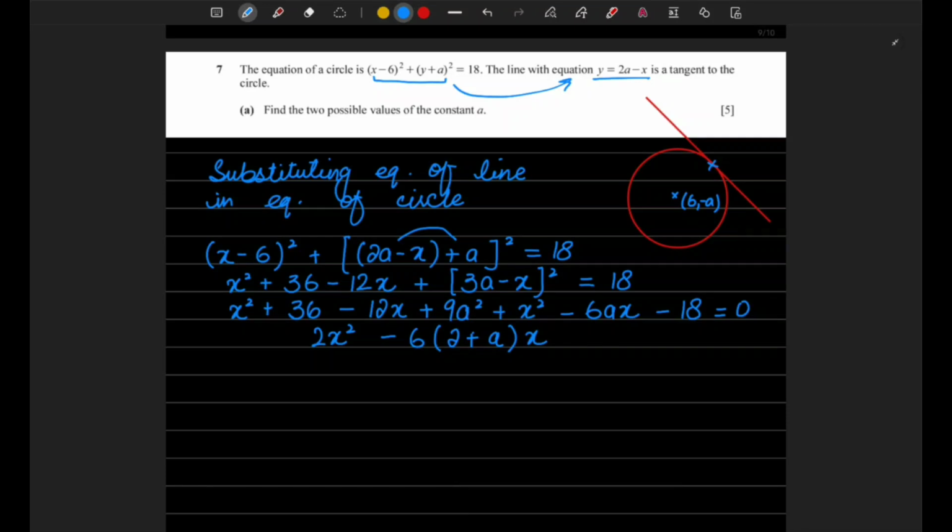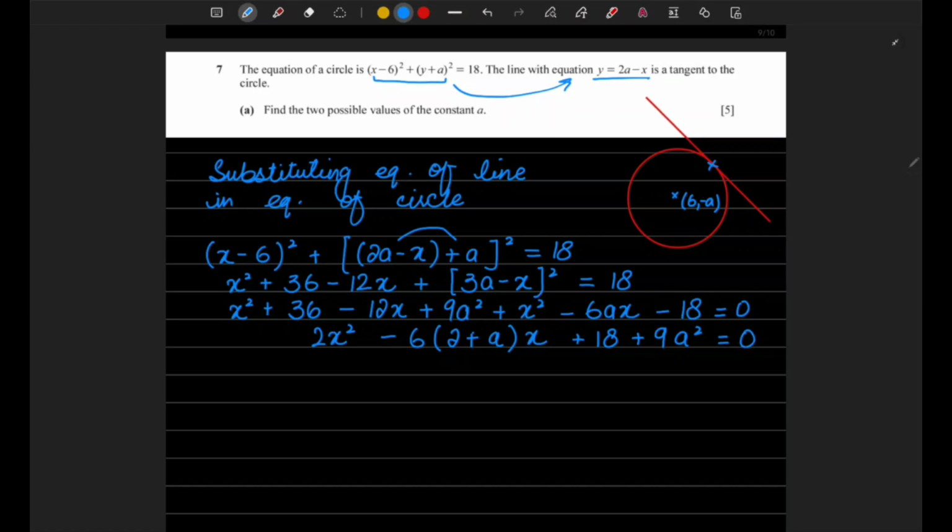I actually took 6 common. And then 36 minus 18 will give you 18. 18 plus 9a squared is the constant term. So this becomes another quadratic.